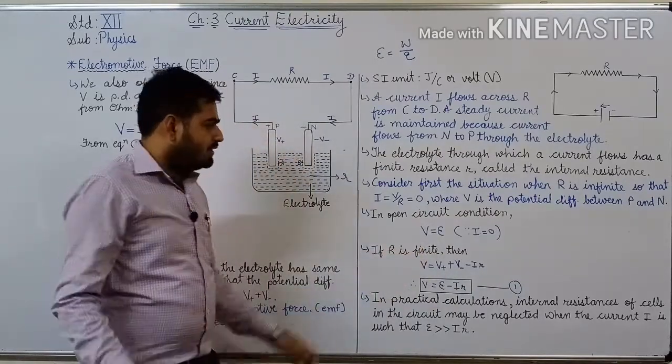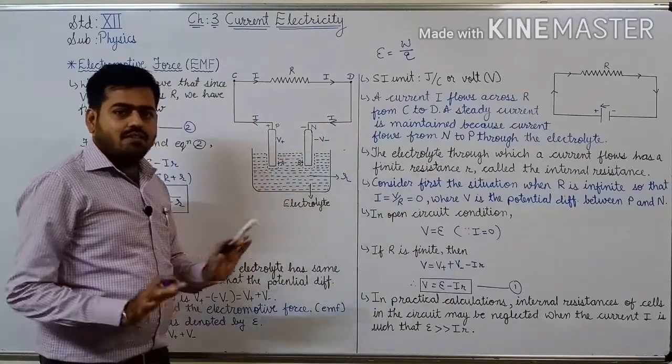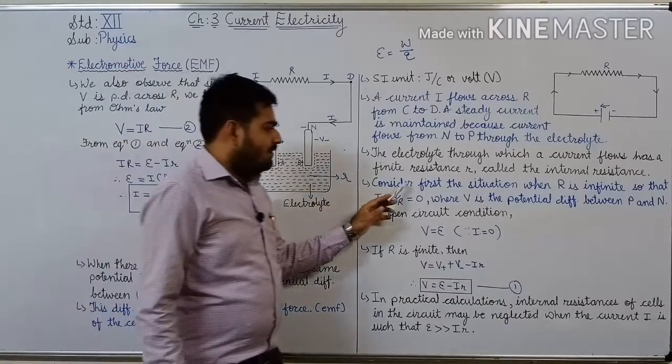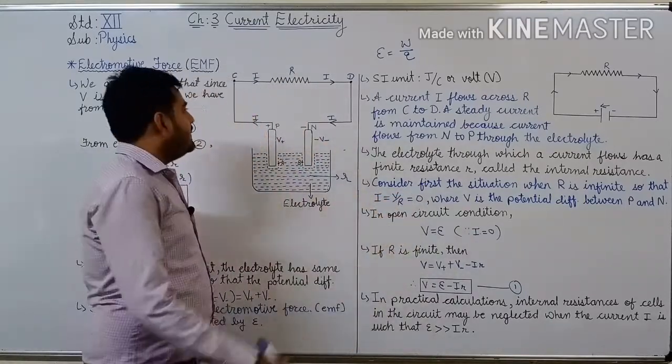When the current flowing through the cell is 0, that is the open circuit condition.